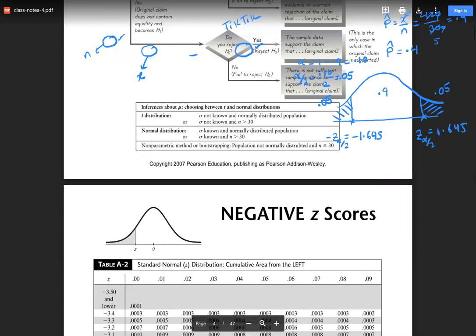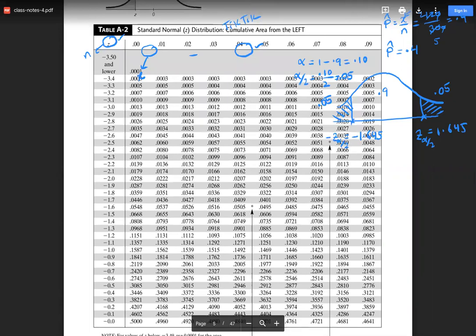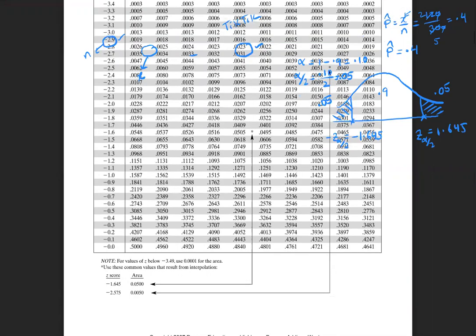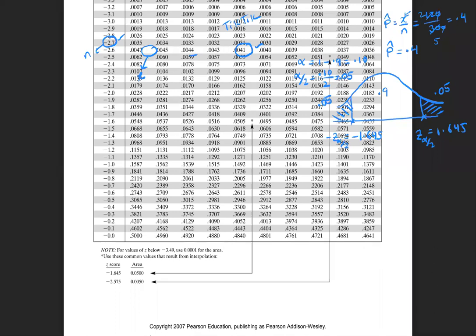Okay, look right here. This is a special value right here. The closest value we can get is, 2.05 is somewhere between this and this. We average them and that gets you negative 1.645.